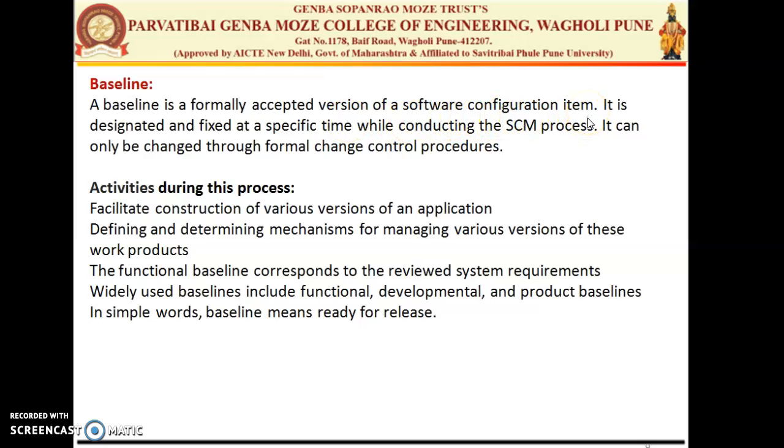It is designed and fixed at a specific time, while conducting the SCM process. So it can be changed only through the formal change control procedure. Later, when the versions are updated, things change and the application gets changed. But the basic version of WhatsApp is to chat, to send messages, to see the status, to make calls.